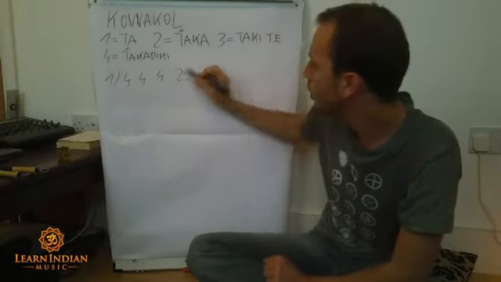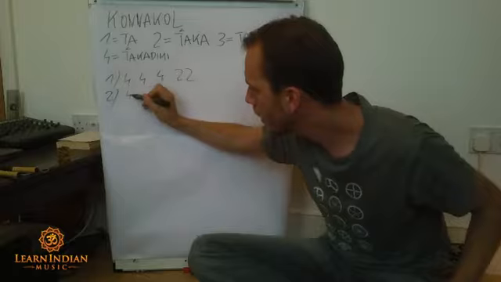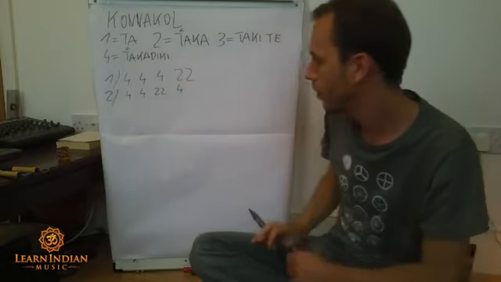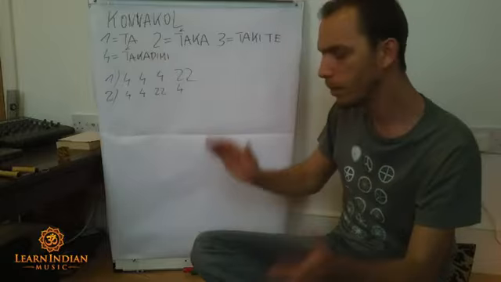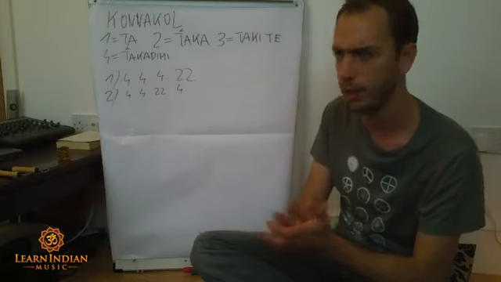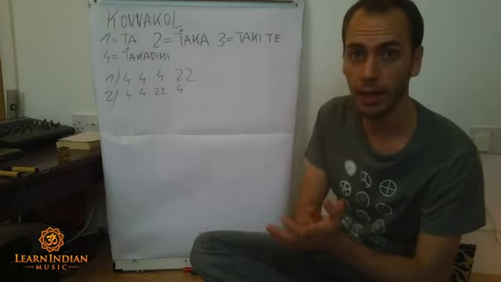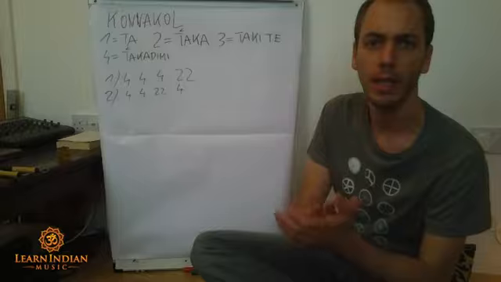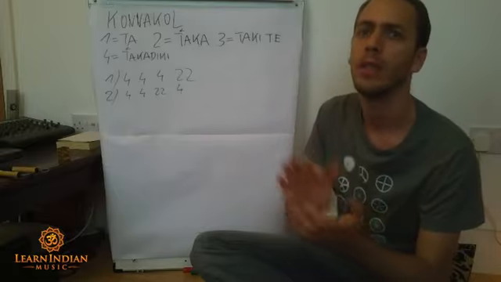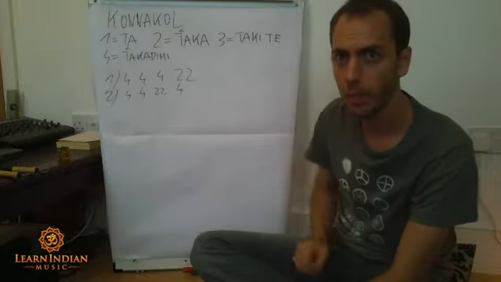So the second rhythm goes like this. Taka di mi taka di mi taka taka taka di mi taka di mi taka taka taka di mi taka di mi taka di mi taka taka taka di mi taka taka di mi taka taka taka di mi ta.